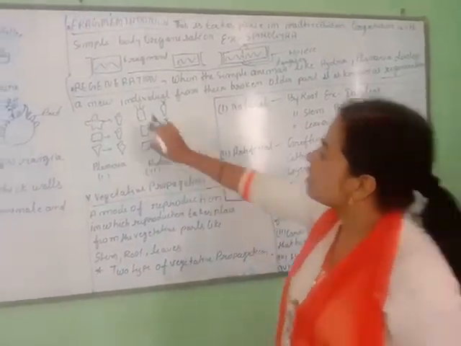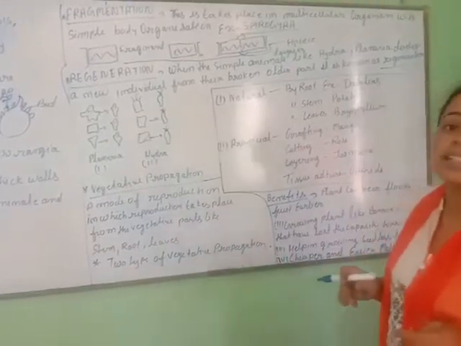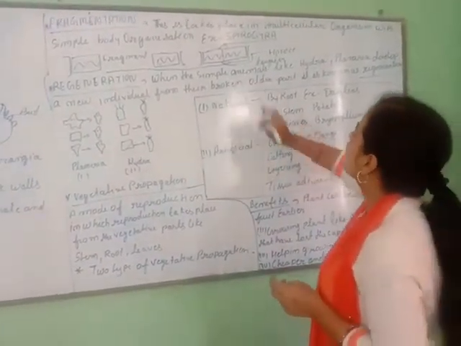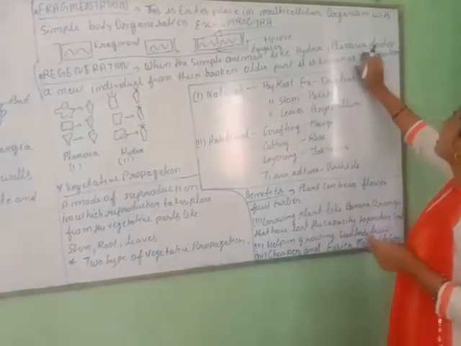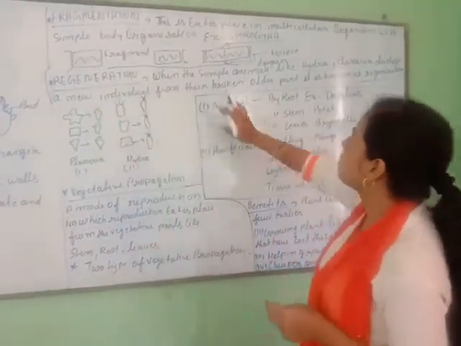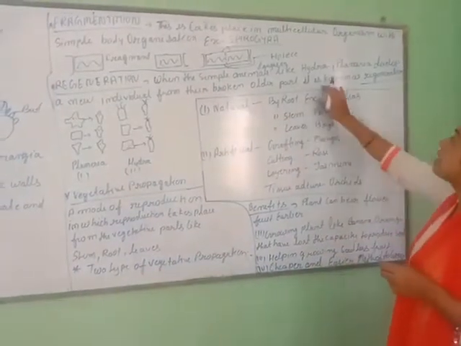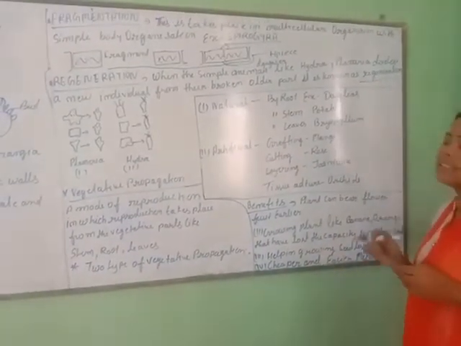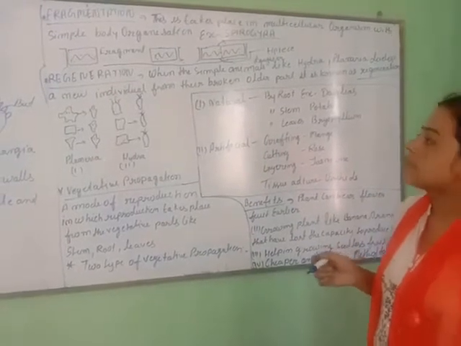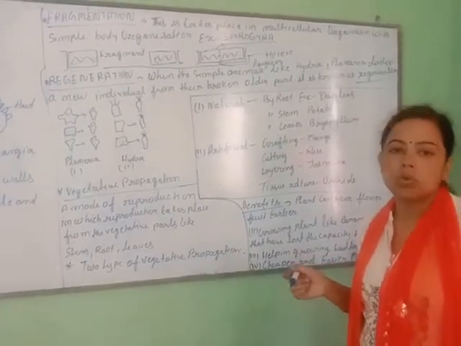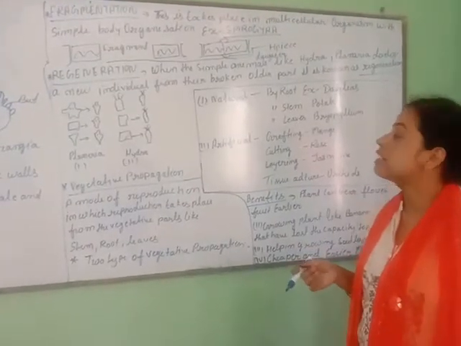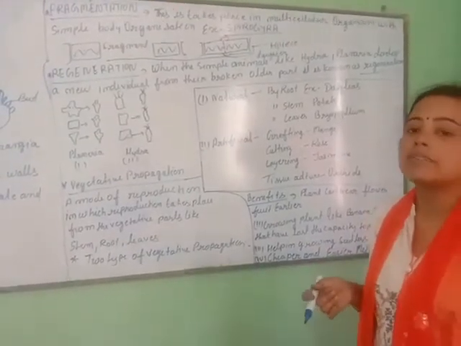Next one is regeneration. Regeneration is also part of reproduction. When simple animals like Hydra and Planaria develop a new individual from their broken older parts, it is known as regeneration. In regeneration, when the old part falls off or is broken, it grows into a new individual.